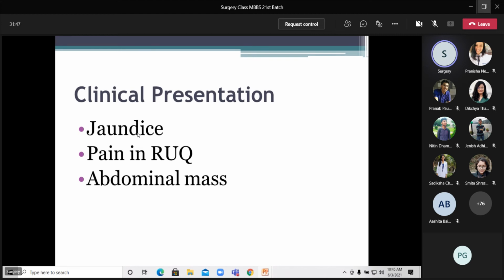Sometimes the choledochal cyst can be a huge one. I've seen a few cases in children who came with recurrent pain, jaundice, fever, and a big mass in the right upper quadrant.